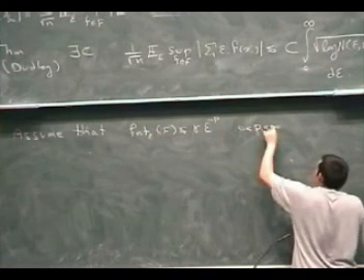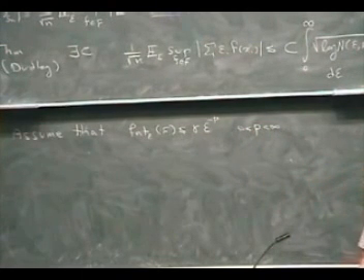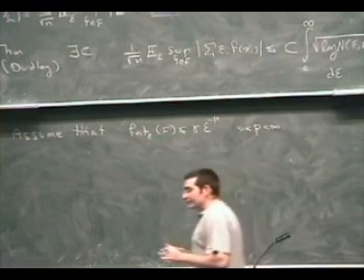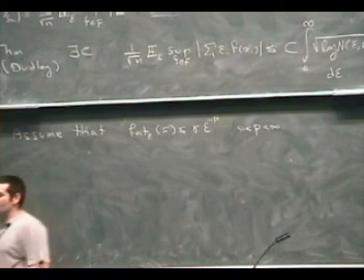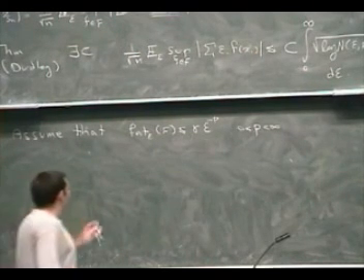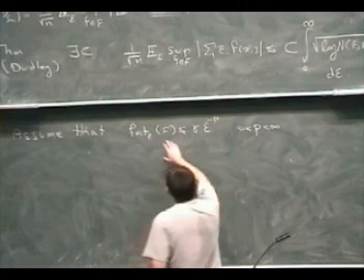Now, you want to use that and plug it into Dudley's inequality over there. Where do you expect to have a problem? This integral diverges for p greater than 2, right?